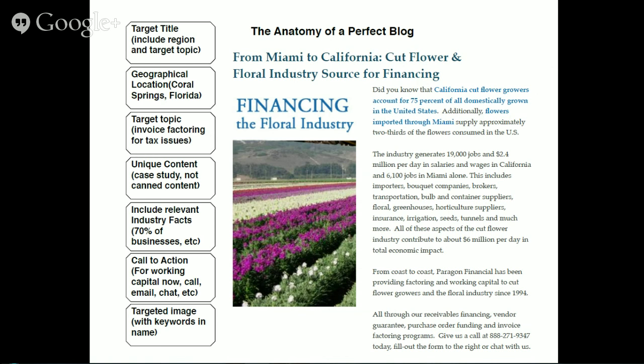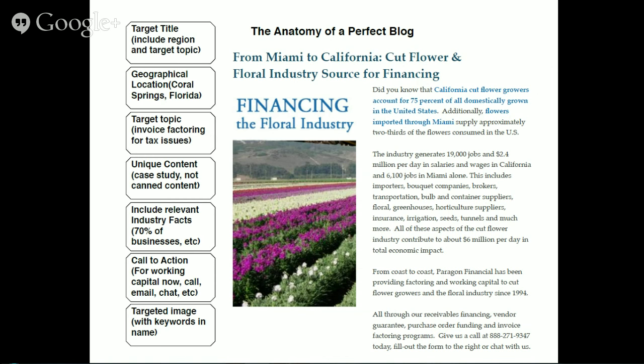And when I create the image, I save it, for example, I'll name it financing floral industry.jpg. So I'll actually name the image to match the entire topic. So again, it's very specific. It's about locality, and it's about getting in those facts and something interesting and unique.